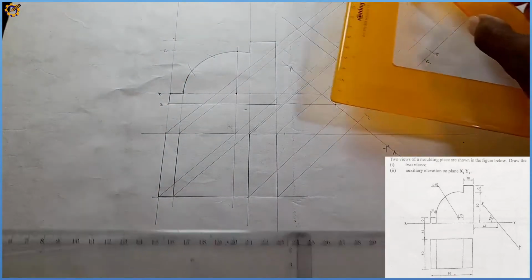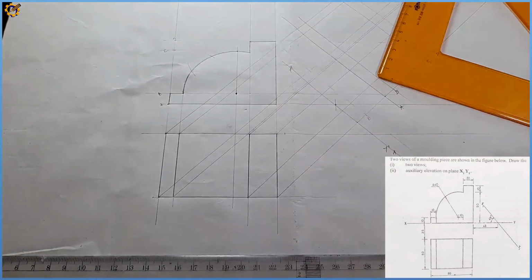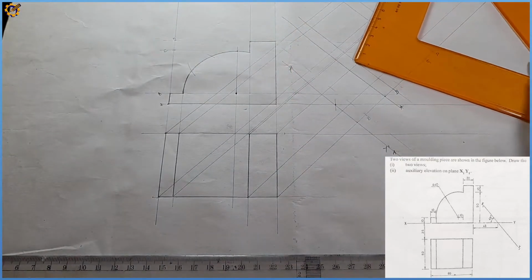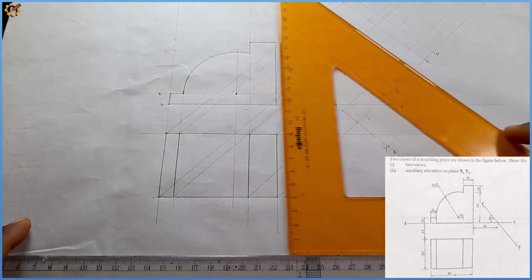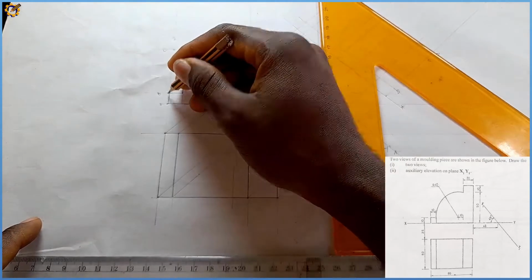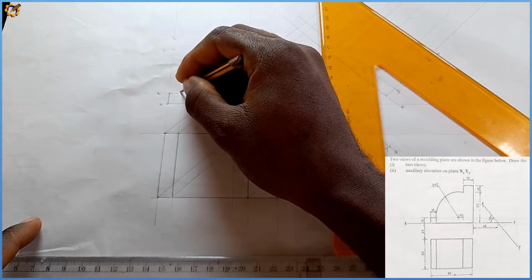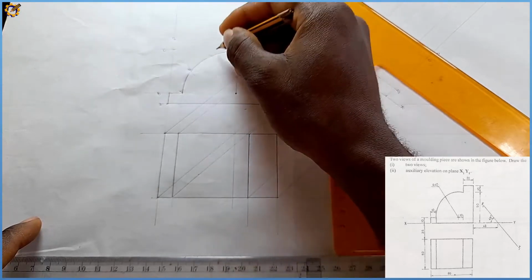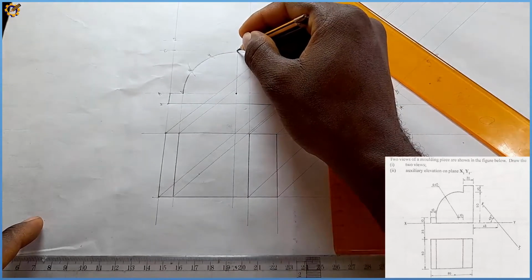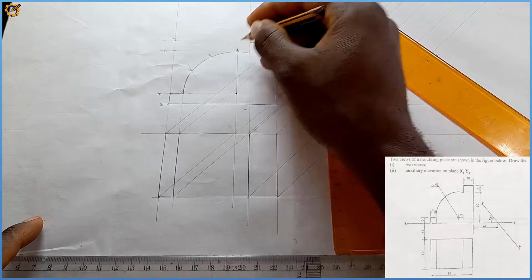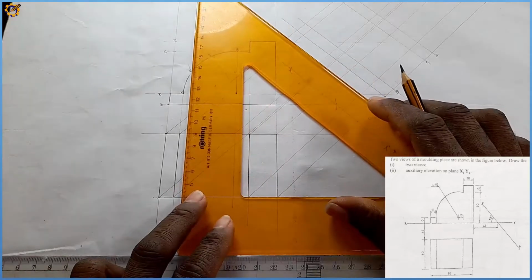On each of those points, this junction is my mark 1, this area is 2, and this area is 3, while this center here is 4. So take note of those areas I'm showing you.